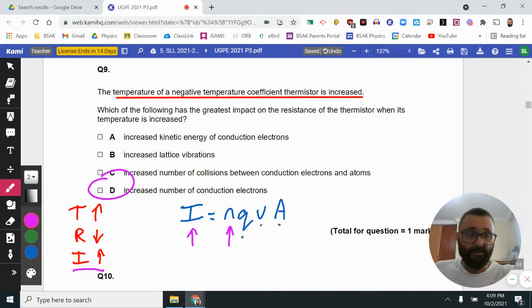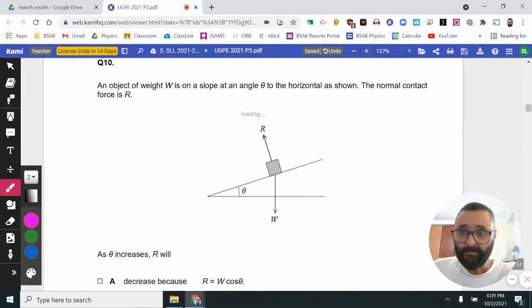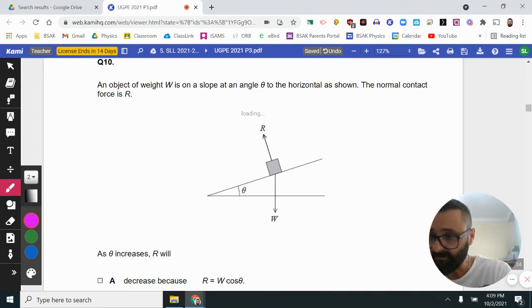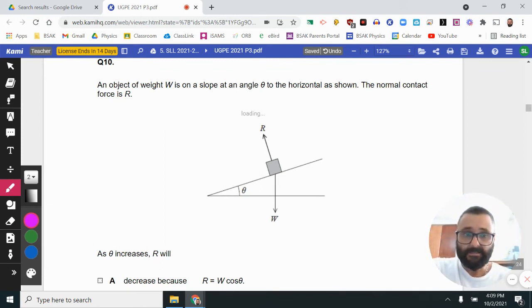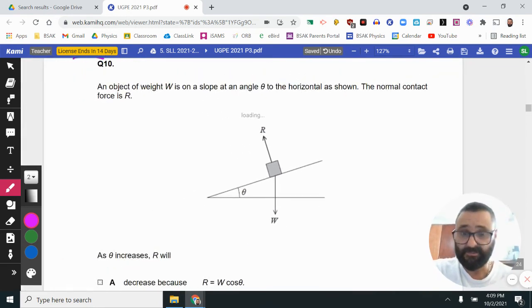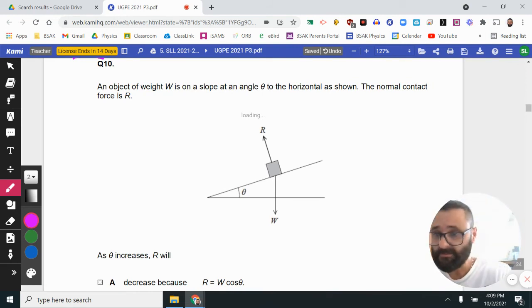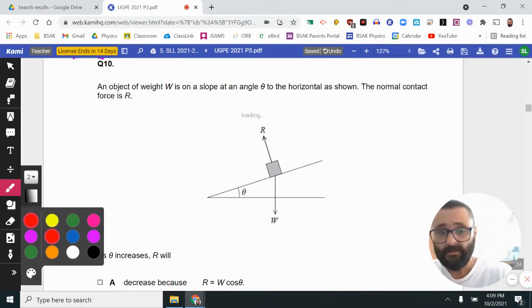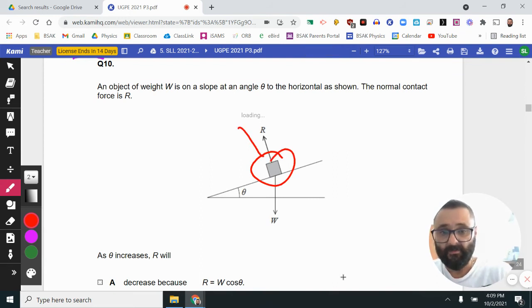And then finally, question 10. Cheeky bit of statics. It doesn't actually say it's in static equilibrium, but even if it's sliding down the slope, this thing is not moving up or down.